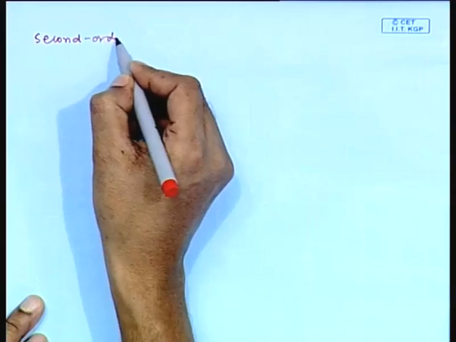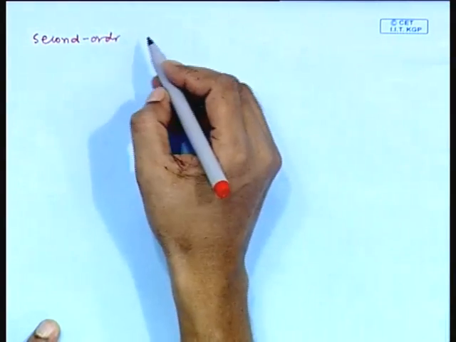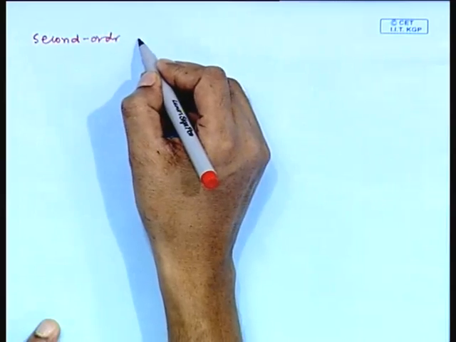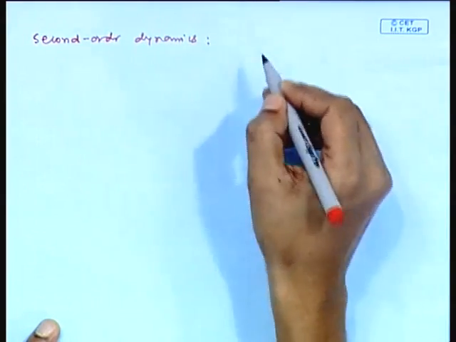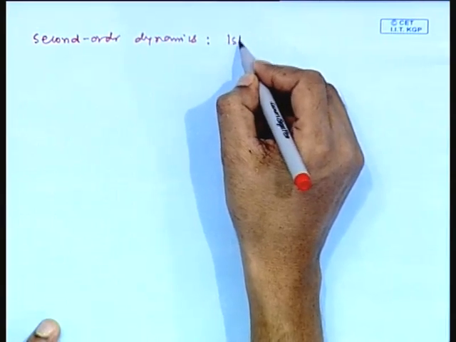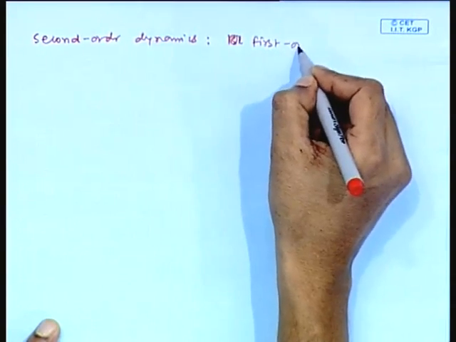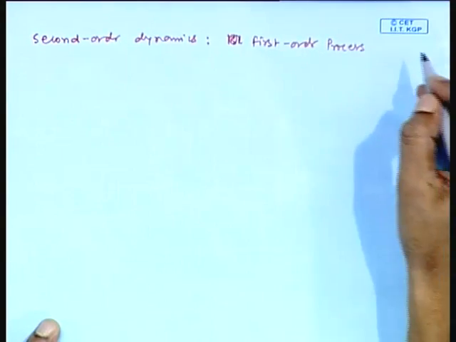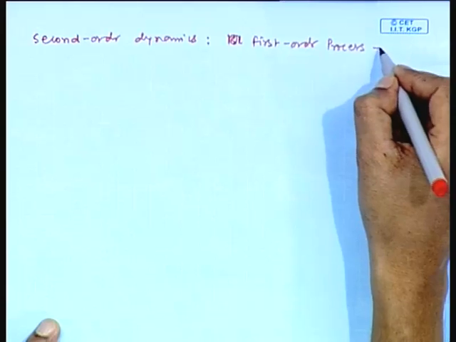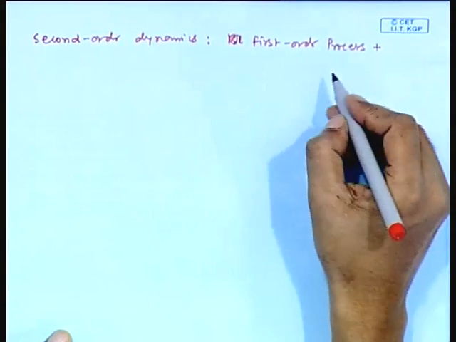We wish to observe the higher order dynamics, I mean second order dynamics for the case of a first order process configured with a controller.